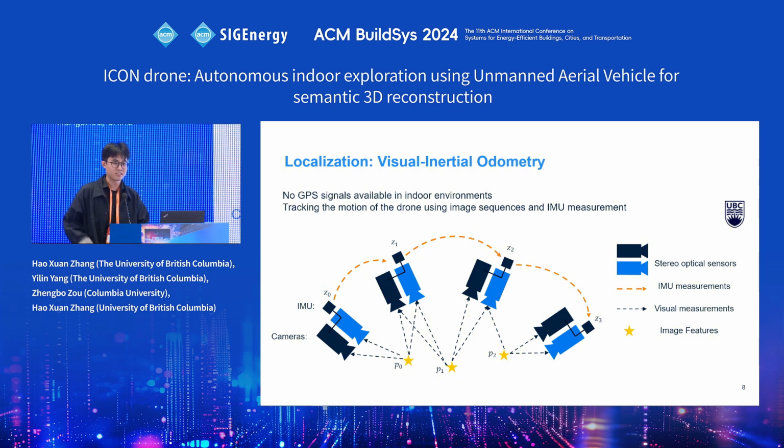For localization, since we're in an indoor setting, there will be no GPS available, which is commonly used in commercialized drones you may have played with. So in this case, we use visual inertial odometry to localize the drone, so we know where it is at the moment.